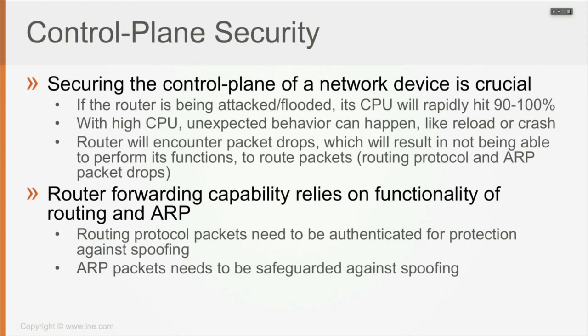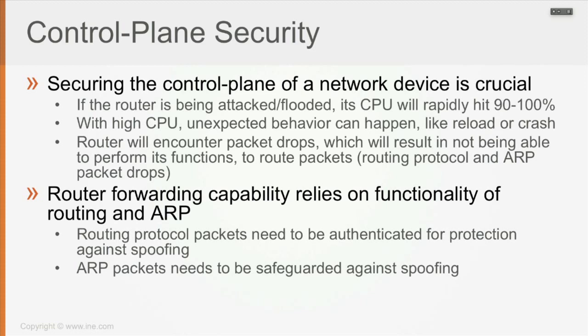Because anybody can connect a router to the network and start speaking OSPF or BGP or EIGRP, and if I have not configured authentication of those protocols in my network, then I'm going to be susceptible to spoofed OSPF packets, spoofed EIGRP packets, spoofed RIP packets, which means anybody can break my routing protocol and can inject spoofed routes in my routing table, and you can imagine where that leads to.